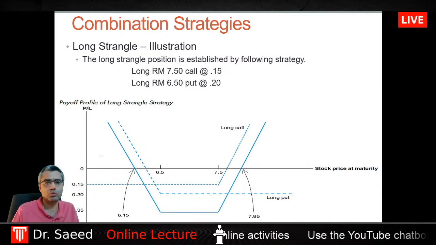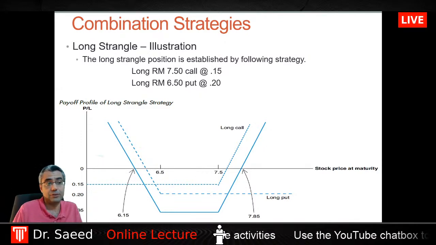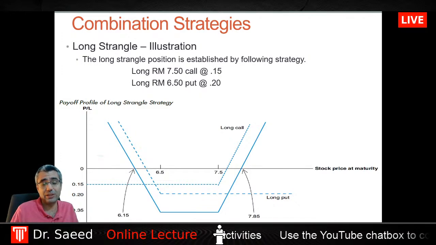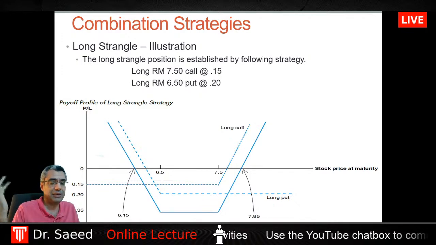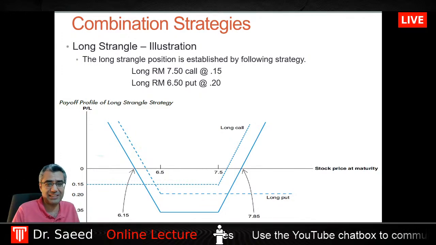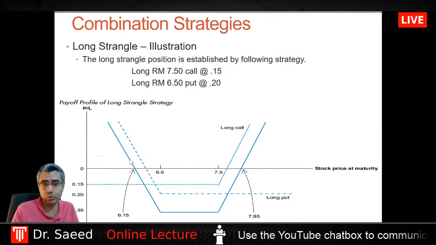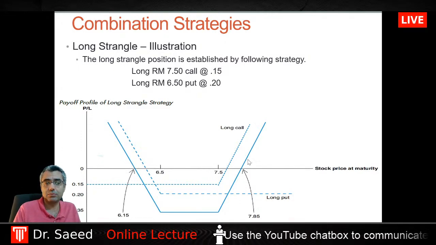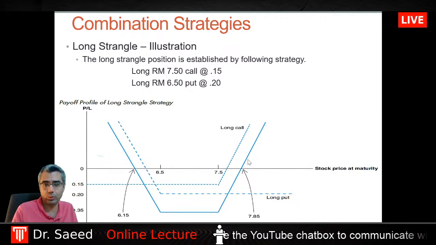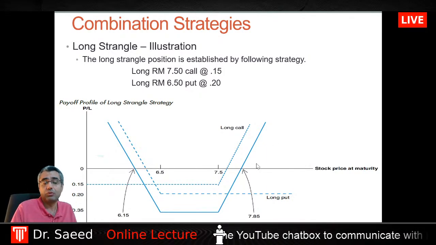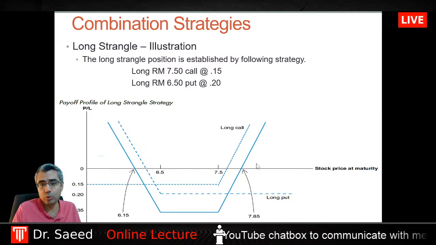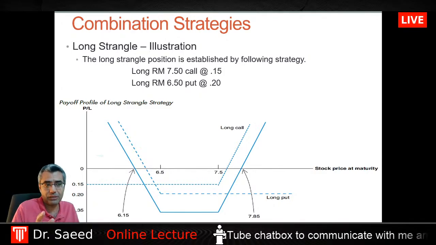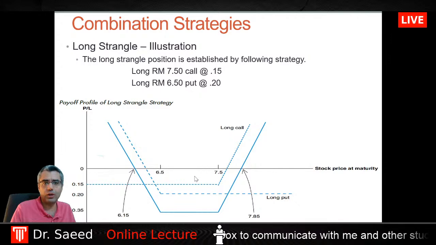Maybe the government wants to give them a big loan, and you are not sure whether they will get the loan. If they don't get the loan, they may face serious problems, and their stock price will drop. If they get the loan, then they can maybe invest and improve, and the stock price will increase. You are not sure whether they can get the loan or not. But if they don't get it, the price drops. If they get it, the price will improve. So you believe the change is out of this range, then you may long strangle.